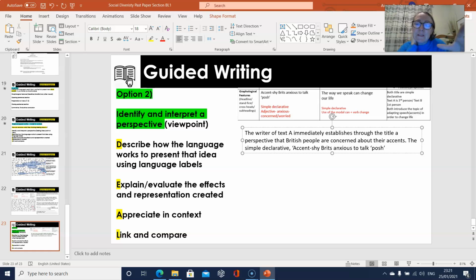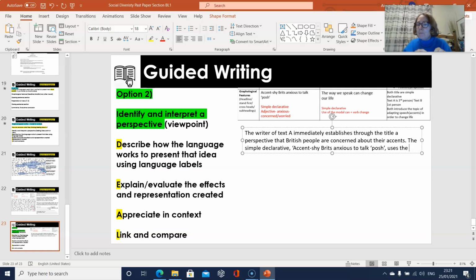Because I've said that it's a perspective that British people are concerned. Okay, so anxious. What is anxious? I am anxious, the anxious boy, she was anxious, that's an adjective. So the simple declarative accent shy Brits anxious to talk posh uses the adjective.